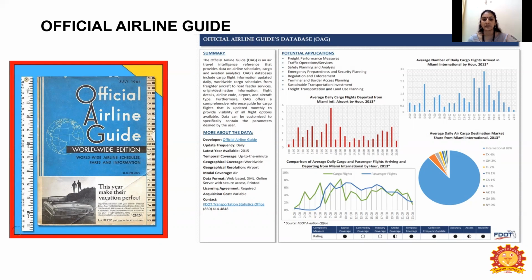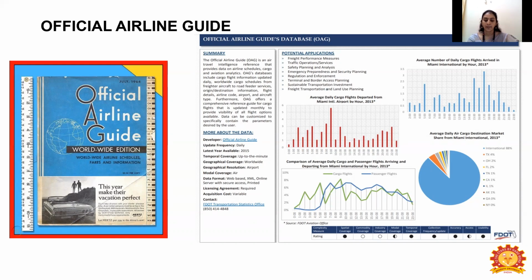The Official Airline Guide has done many surveys and analyses, and this graph represents the daily cargo flights that departed from Miami International Airport. The statistical information is very accurate, and this enables future forecasting of further plans.